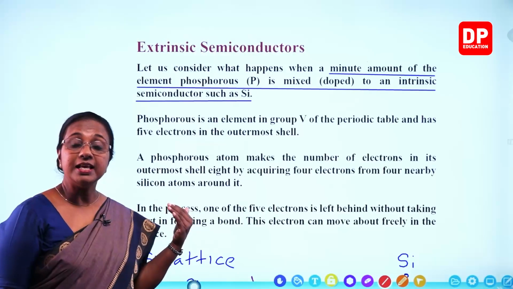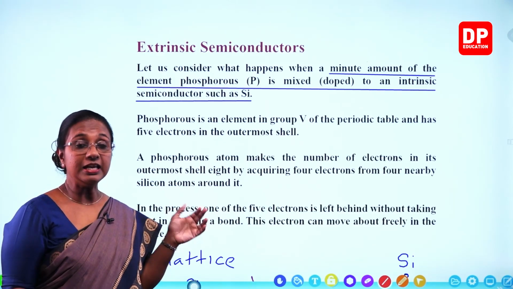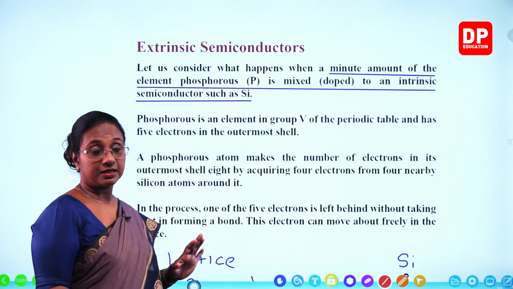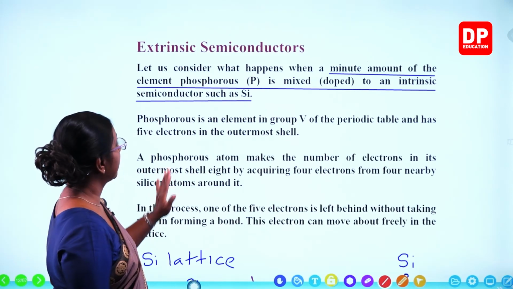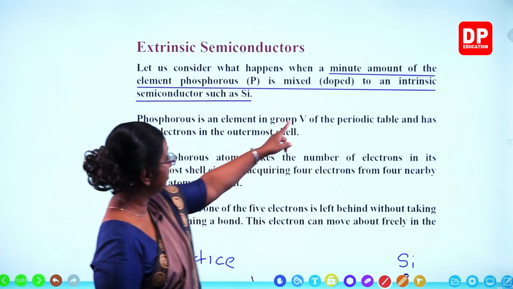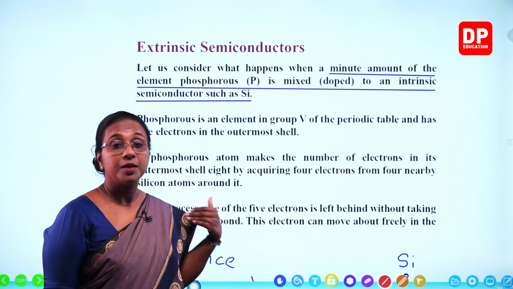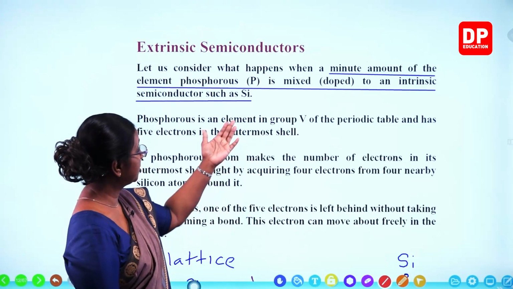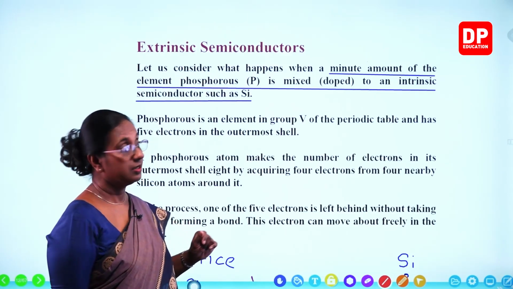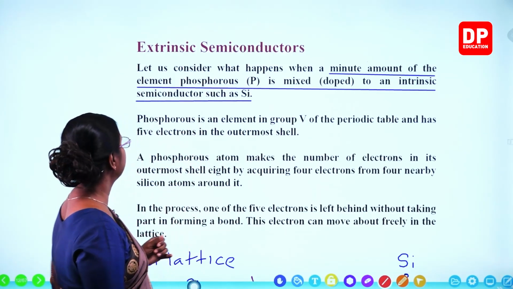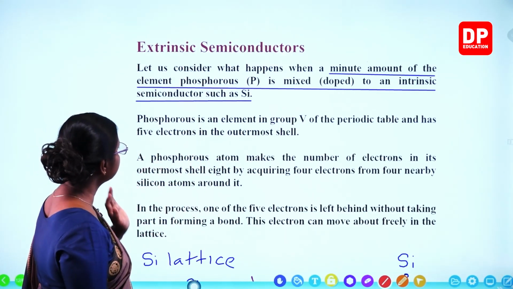So earlier we said intrinsic semiconductor. Why? It is the pure semiconductor. So to a pure semiconductor we mix phosphorus. Here you can see the word doped. I mentioned the term doping. The process of doping gives rise to this mixing of element. So that is doped to an intrinsic semiconductor such as silicon.